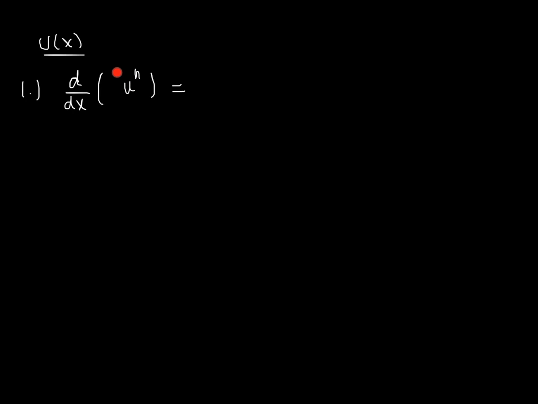And so I take the derivative of the outside using the power rule, n times u to the n minus 1 power, times the derivative of the inside, which is the derivative with respect to x of u. And this can also be written as du dx.